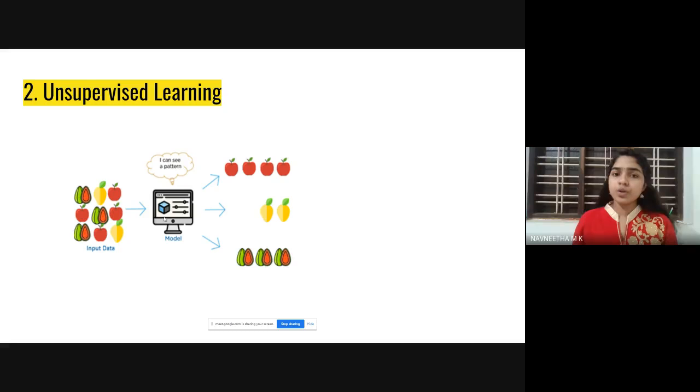The system tries to find patterns based on similarities. Similarity means a group of the same shape, same color, etc. We provide the input, and the system does its own work. That is the working process of unsupervised learning.